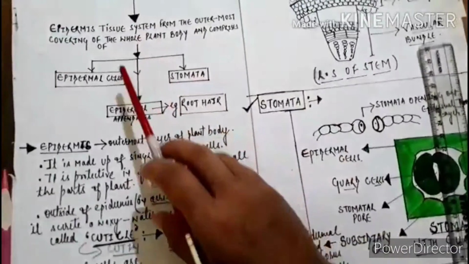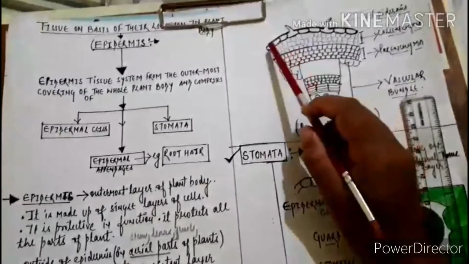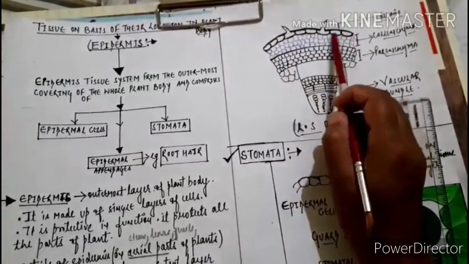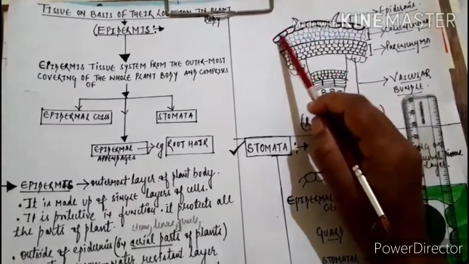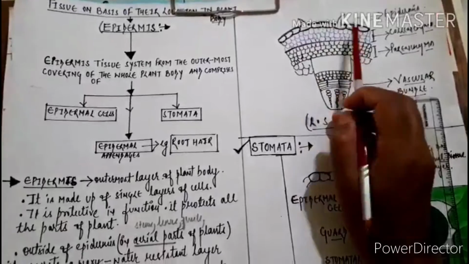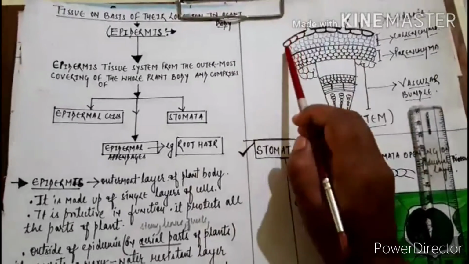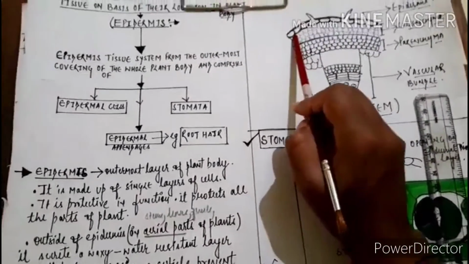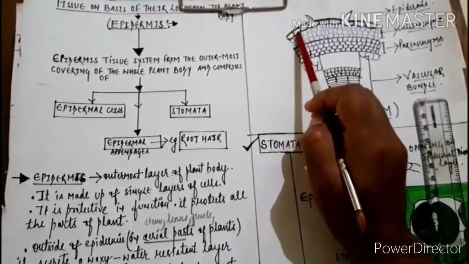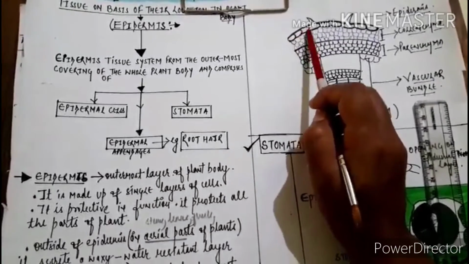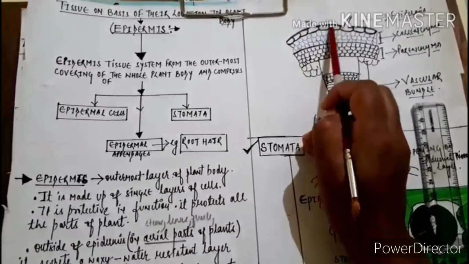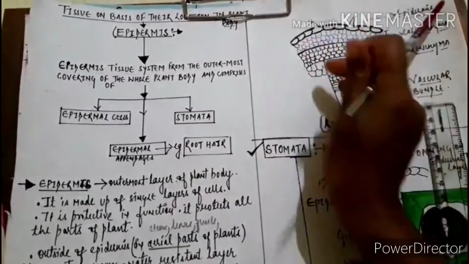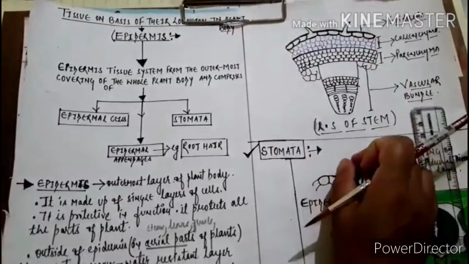This is called epidermis. This single layer of cells that I have darkened here is the epidermis. The cells of this epidermis are elongated, and there are no intercellular spaces between any epidermal cells. You can see there are no intercellular spaces. First thing, the outermost cell, this is the LS of a stem.